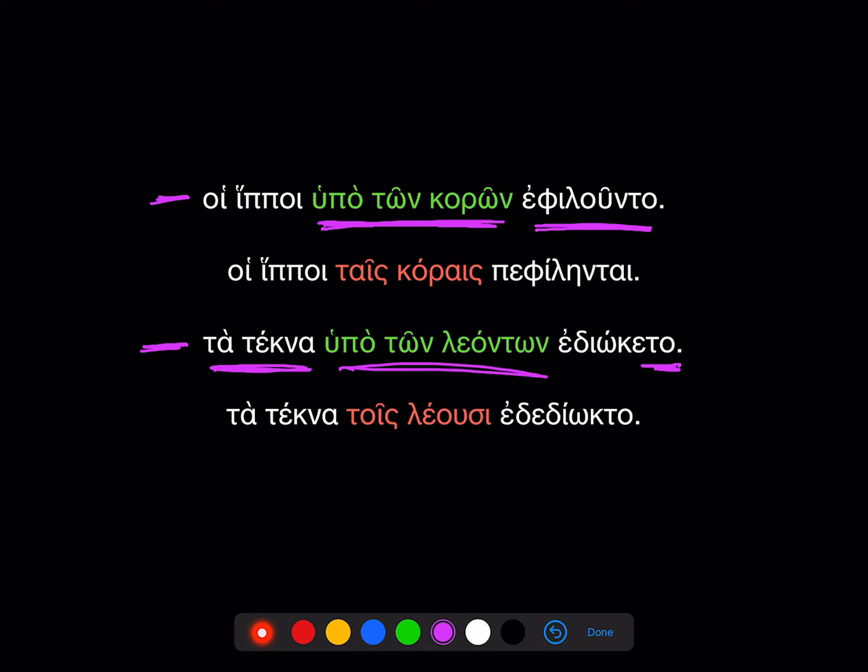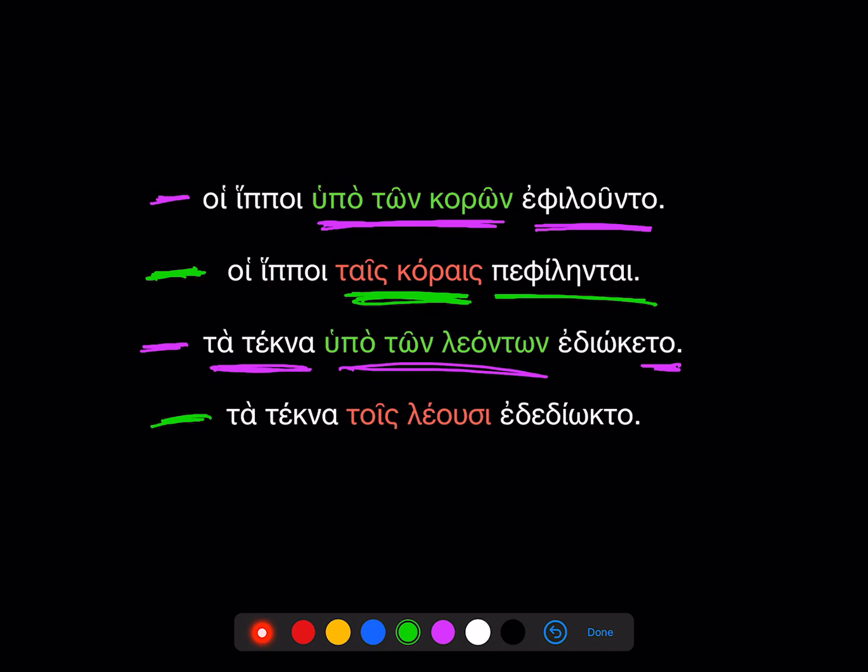Well, now let's take this first sentence and put it into the perfect passive. Hoi hippoi tais korais pephilentai. The horses have been loved by the girls. Now we don't use a genitive of personal agent, we use a dative of personal agent. Let's look at this example with a pluperfect.